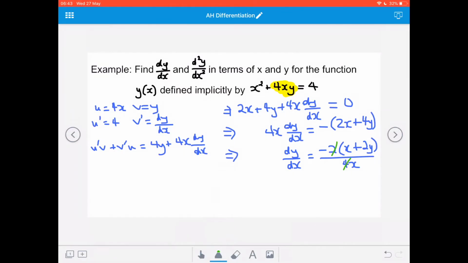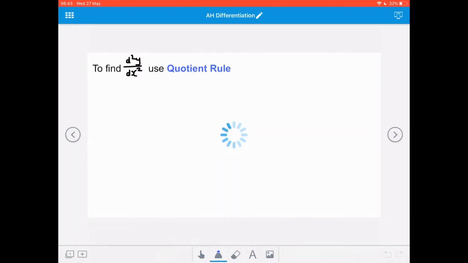I can cancel out that 2 on the numerator, and that will give me 2x on the denominator. And so my first derivative for this implicit function is going to be dy by dx equals negative x plus 2y all over 2x.